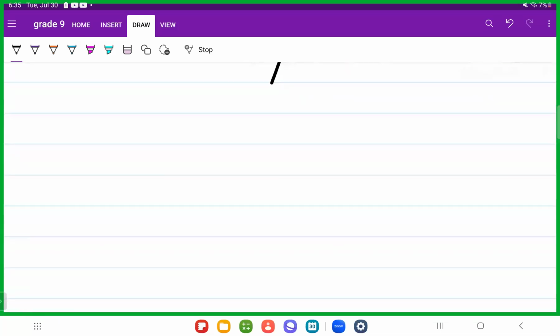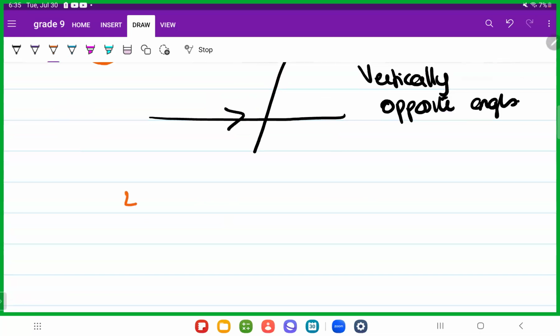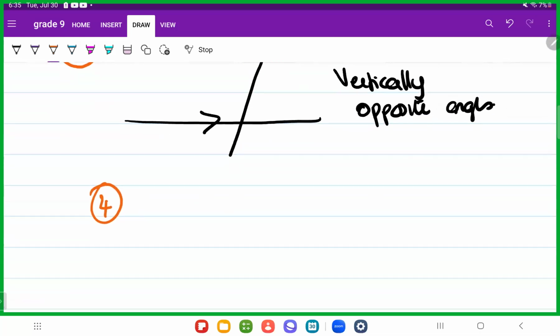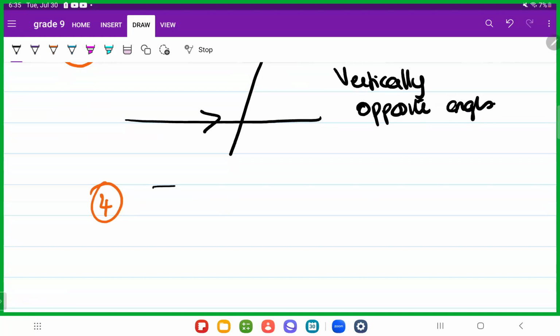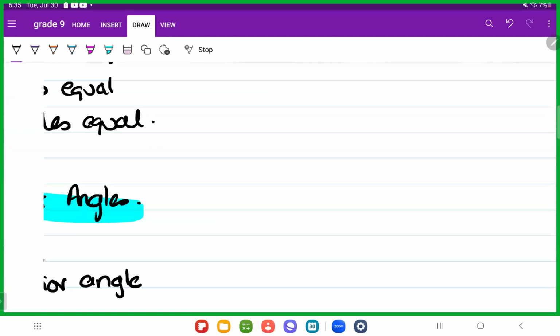Now another property is interior angles, the ones where the inside of it, like a C, adds up to 180. So these are my parallel lines, and both these angles will add up to be 180. All right? So I'm glad you already know about this.